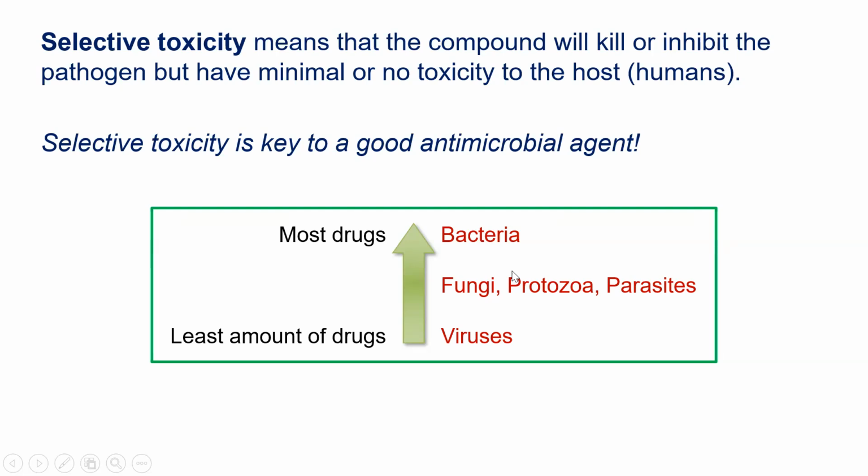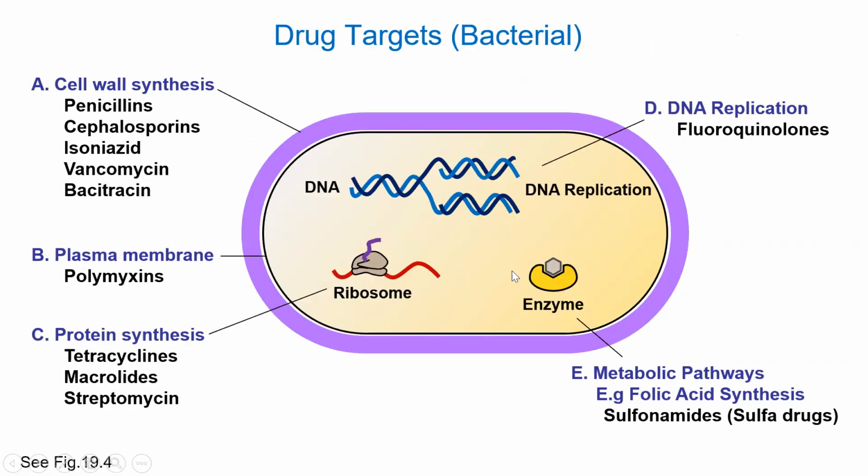Okay, so bacteria are kind of the big one. So we're going to spend the bulk of this talking a lot about antibacterial drugs. Plus they're kind of the big one in terms of the effectiveness and the broad usage as well. So we're going to talk about 5 different types, or at least 5 different drug targets.